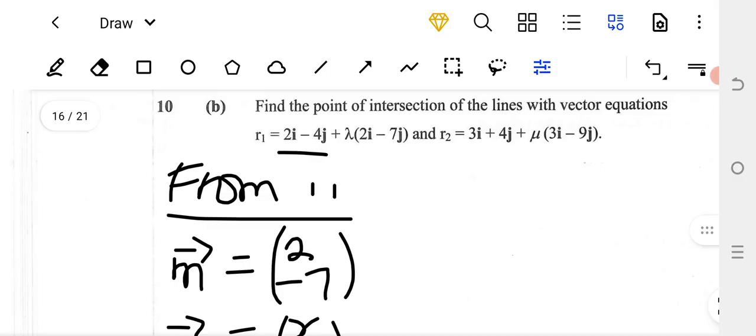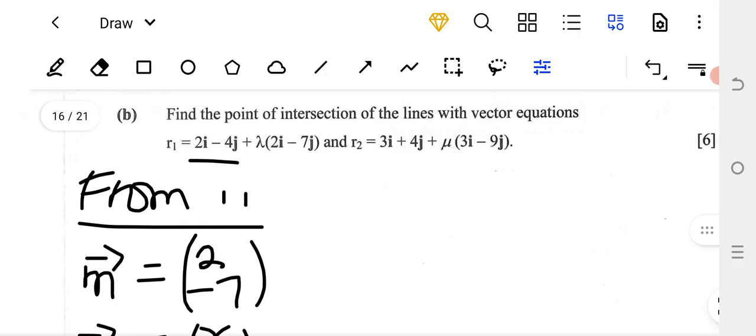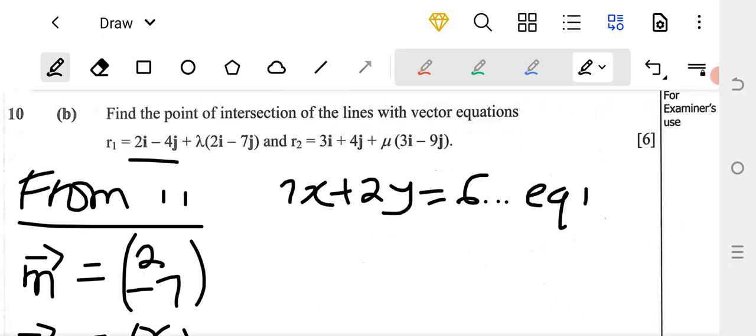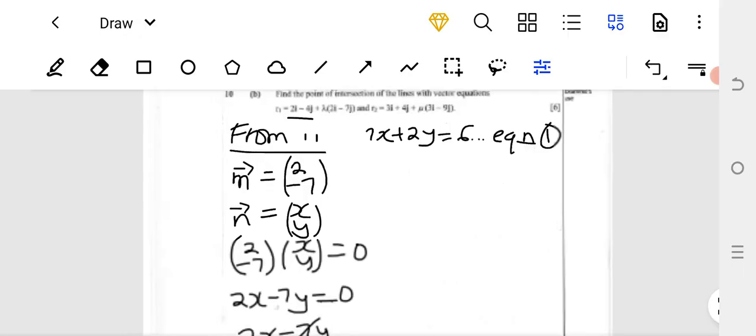So we are going to say 7x plus 2y minus 6 is equal to 0, let me write it in a different form, 7x plus 2y is equal to positive 6 as our equation 1. So we have formed our equation 1 like that.